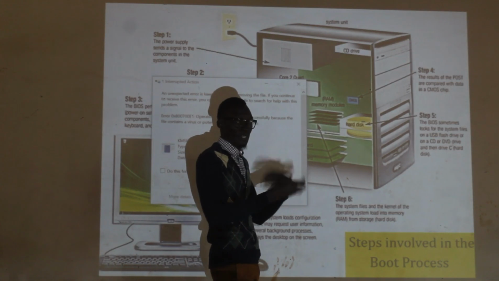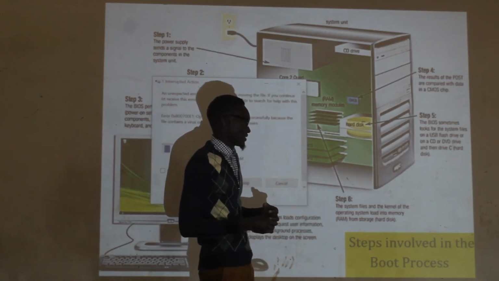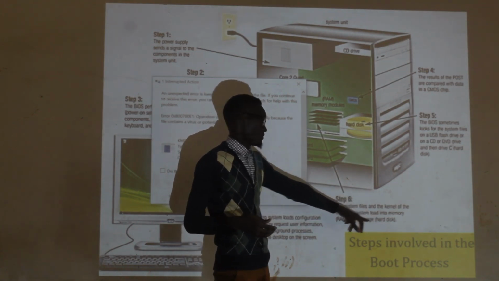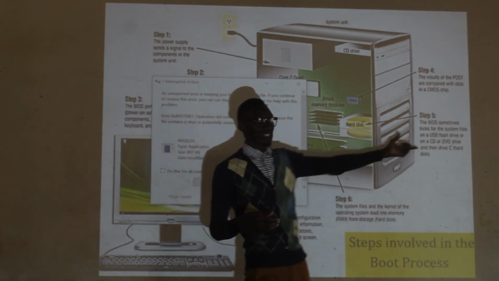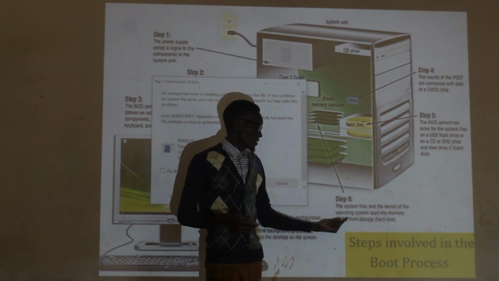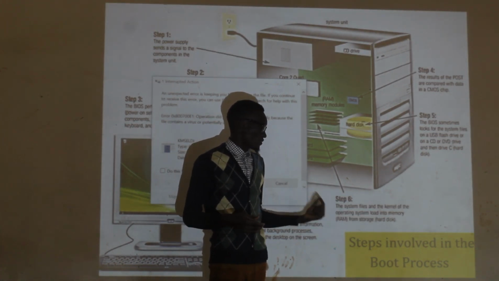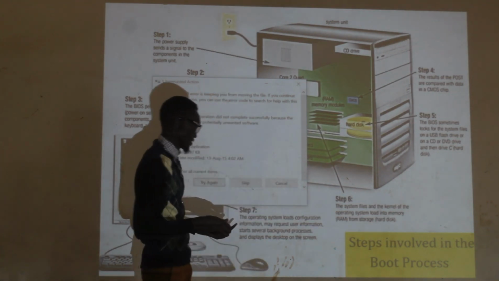So the BIOS does that search for where the system's files are, so that it loads them into memory, in the RAM. After finding it, it loads the operating system. The system files of the operating system are loaded into the RAM of the computer.